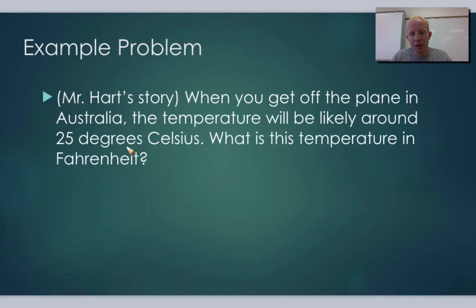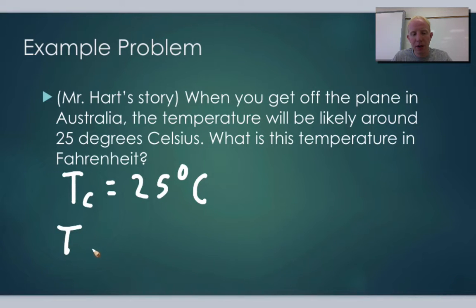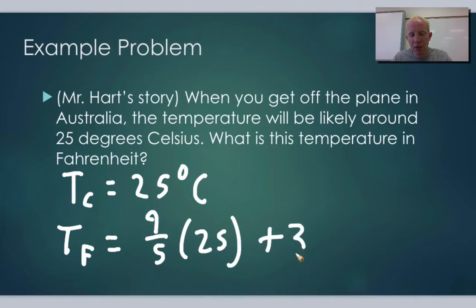We're given the temperature in Celsius, so our T_C is 25 degrees Celsius, and then we just use that equation. Temperature in Fahrenheit equals 9/5 times 25, plus 32.